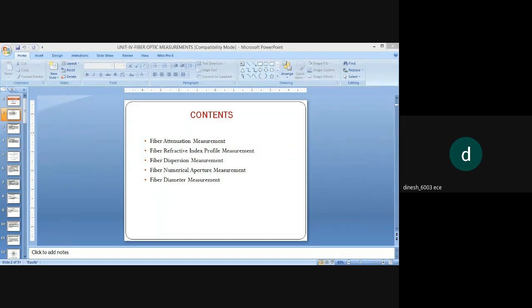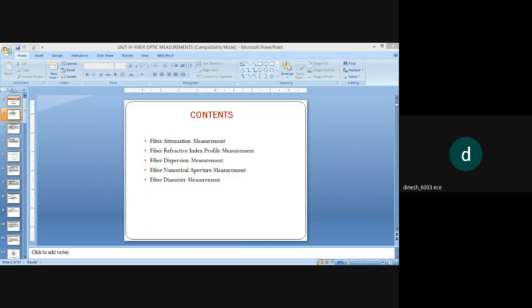The basic measurement that we have to do is attenuation. Attenuation measures the amount of loss of your information or loss of your signal along the fiber. So that measurement should be done.